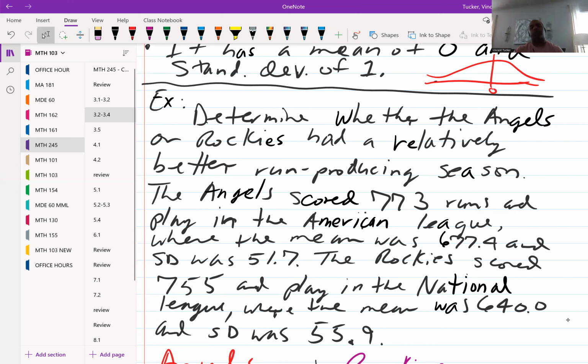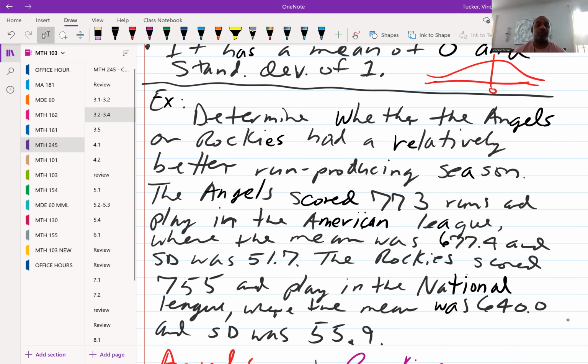In order to figure out which one had a better run producing season: if you don't watch baseball much, the American League and the National League have somewhat different rules. That's why it's relative, and the purpose is comparing the Rockies to the National League runs and the Angels to the American League runs, because they do things a little differently within their leagues.